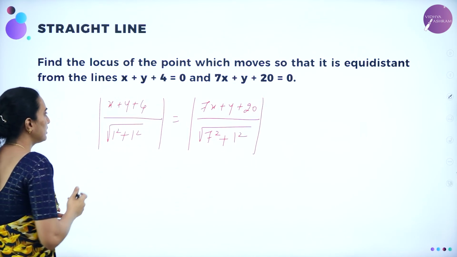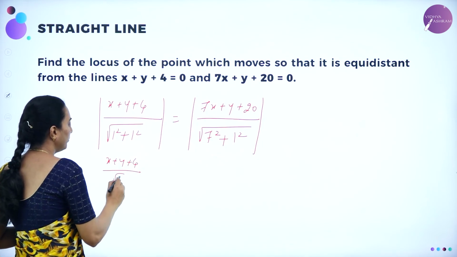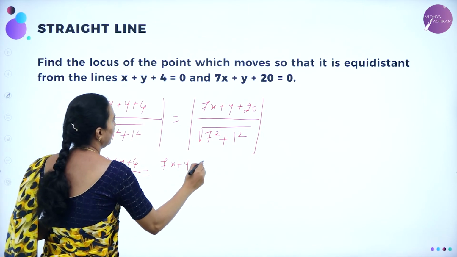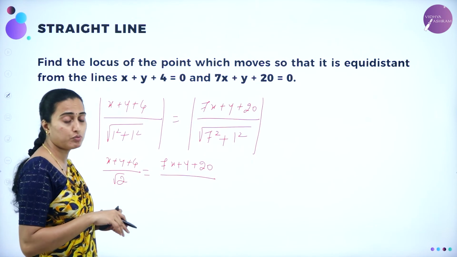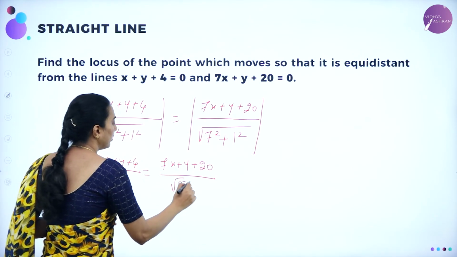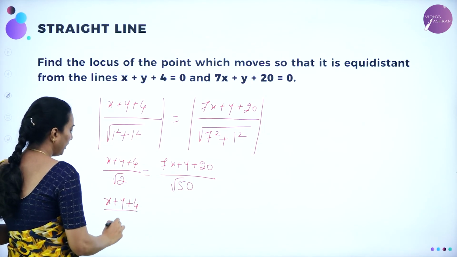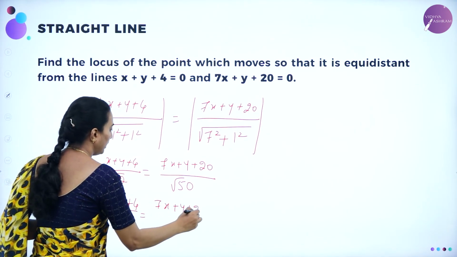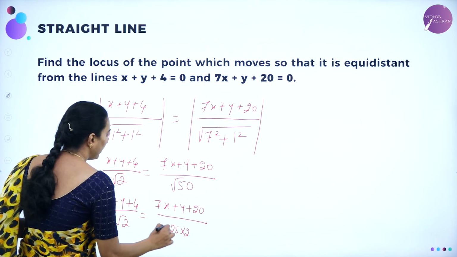Now removing the modulus symbol, you are getting x plus y plus 4 divided by root 2 is equal to 7x plus y plus 20 divided by root 7 squared is 49. 49 plus 1 squared is 1. 49 plus 1 is 50. Root 50. Now you can write this one as x plus y plus 4 divided by root 2 is equal to 7x plus y plus 20 divided by root 50 can be written as 25 into 2 under the root.